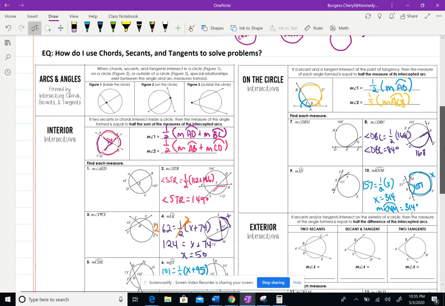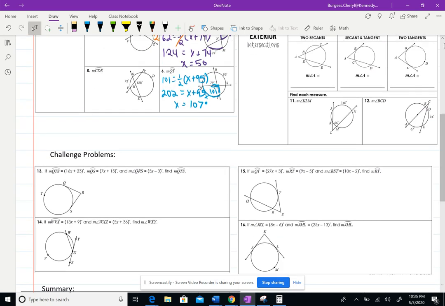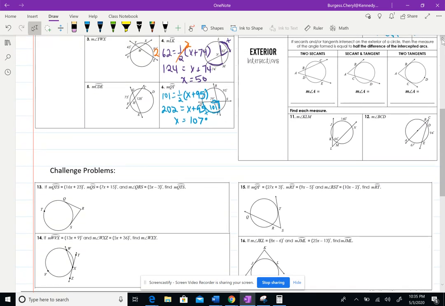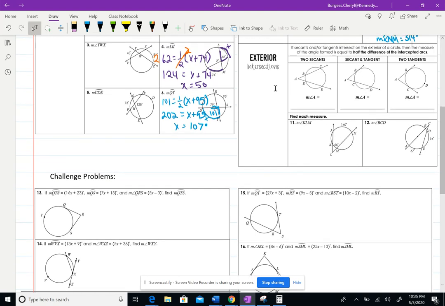So the third thing that you guys are learning is, let me scroll up just a little. What happens if secants or tangents intersect on the exterior of a circle? Then the measure of the angle formed is equal to half of the difference of the intercepted arcs. Okay.